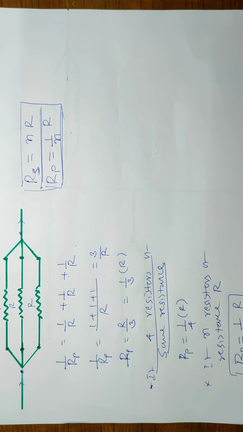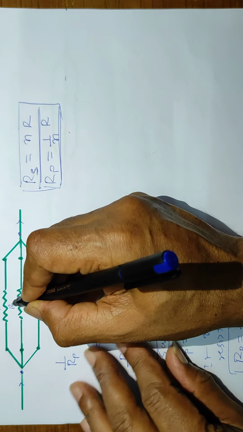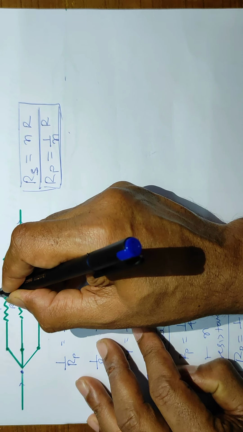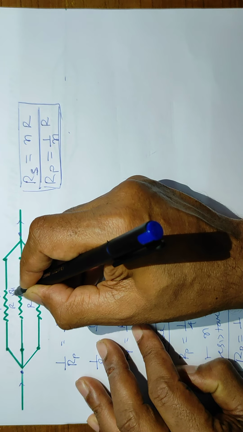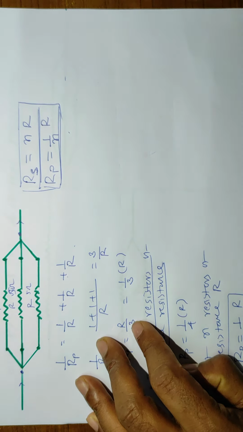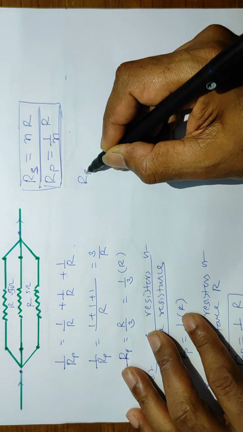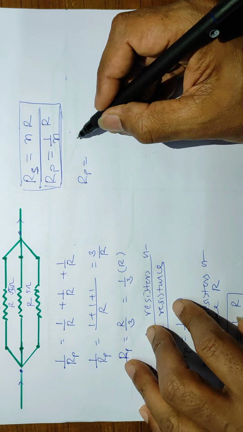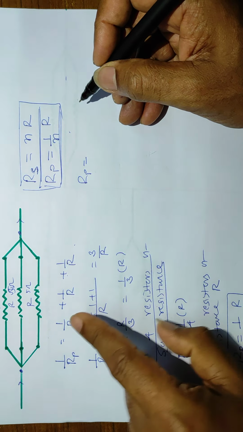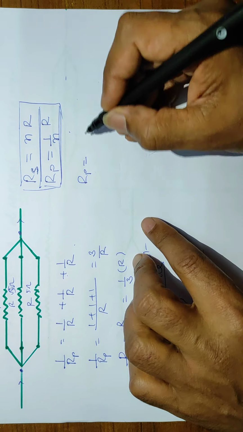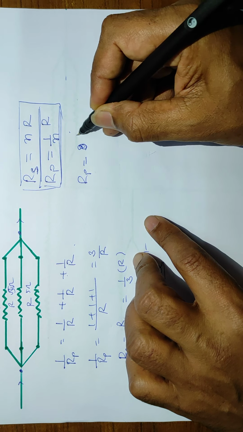For example, if the resistance of each is 5 ohm, what is the equivalent resistance of the combination? Rp is equal to 1 by n into R, here n stands for number of resistors. How many resistors we have? 3.